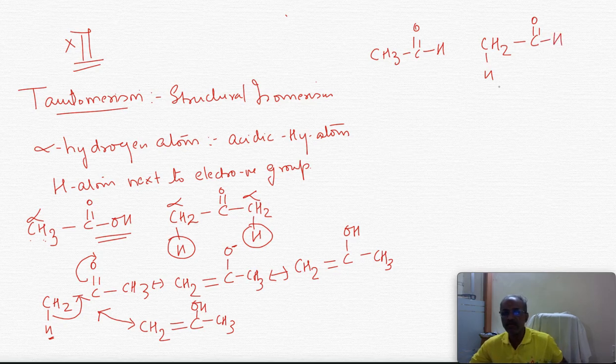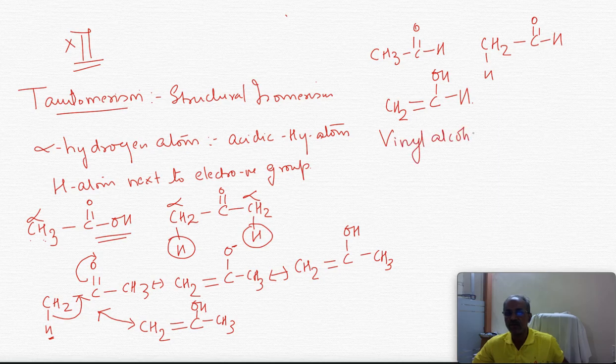So this will become CH2 double bond C OH and H. This is the vinyl carbon atom, so this is vinyl alcohol, and this is acetaldehyde.